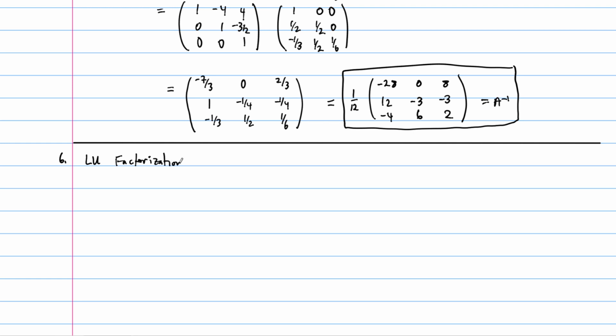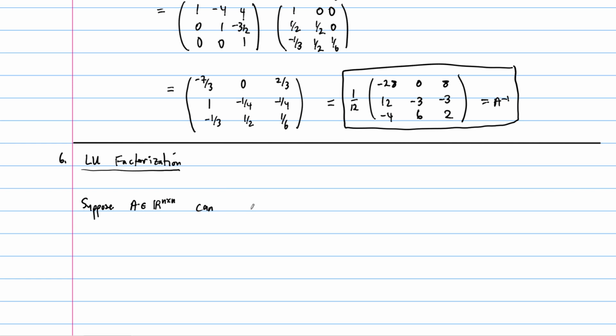So the LU factorization. And this says the following. So the idea is that we want to suppose that A is an n by n matrix, and that it can be transformed by elementary row operations into an upper triangular matrix. So now it's a square.